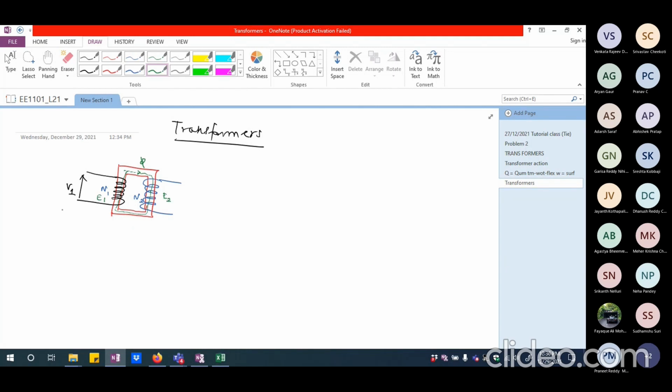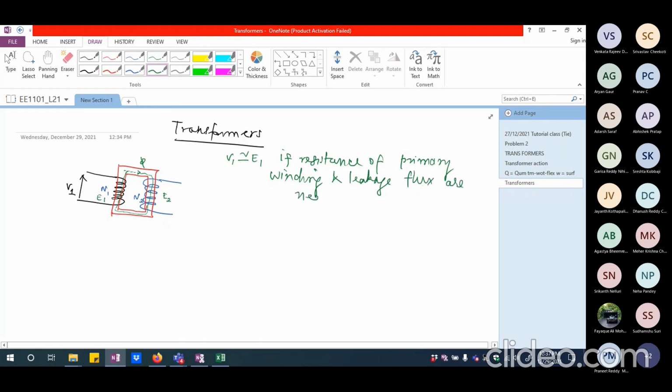If we neglect the resistance of the primary winding and the leakage flux, we can say V1 is approximately equal to E1. If both these are neglected, V1 and E1 are almost equal to each other.